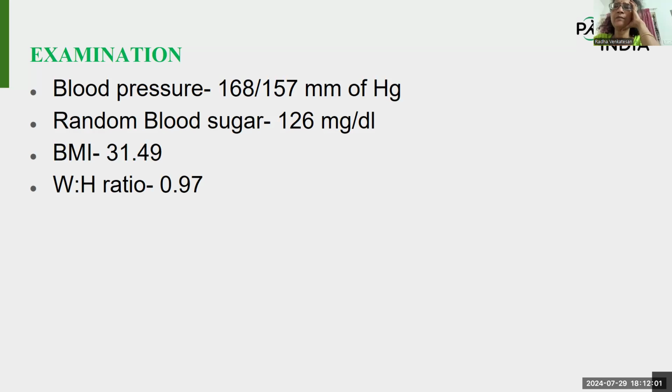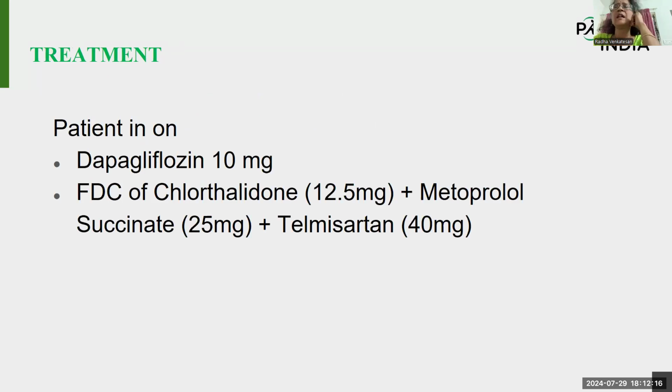Blood pressure 168 by 157 millimeters of mercury, random blood sugar 126, BMI 31.49, which is just weight to height ratio. The medications: the patient is on dapagliflozin 10 milligrams and chlorthalidone 12.5 milligrams with metoprolol and telmisartan also.